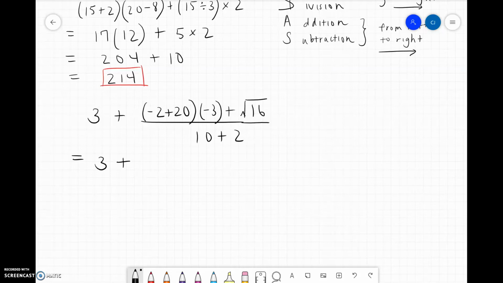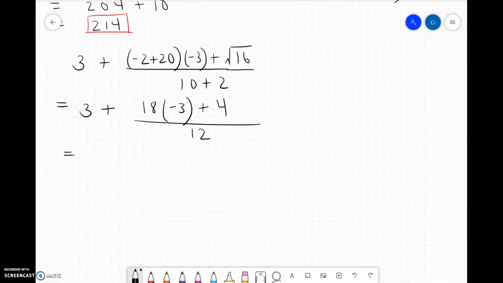Negative 2 plus 20, that is 18 times negative 3 plus the square root of 16, that is 4, all over, well, 10 plus 2, that's 12. I can simplify that numerator further.